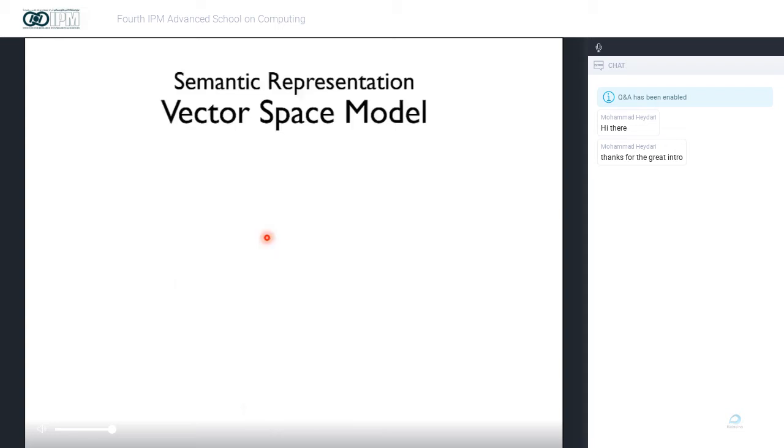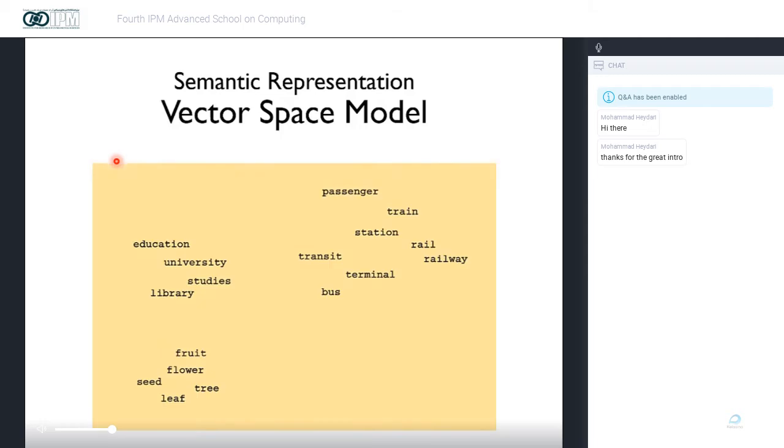One of the oldest ways of representing meaning to computers is what we call a VSM, or a vector space model. The idea is easy. Here, the yellow rectangle is a 2D semantic space, a two-dimensional semantic space, and we are placing words in this space. The placement is in a way that semantically similar words are placed in the proximity of each other.